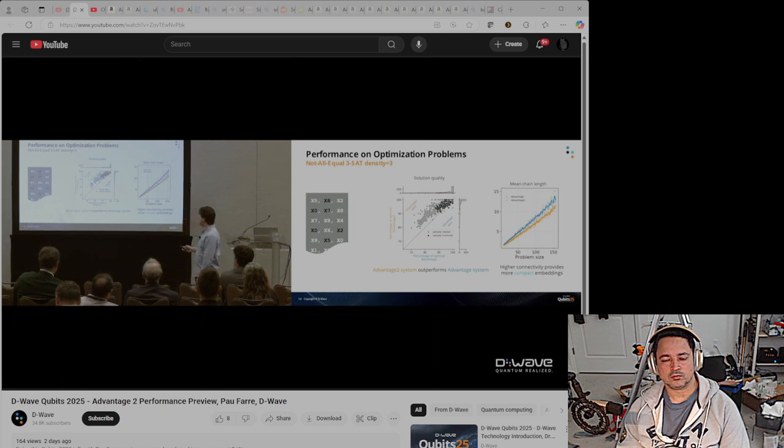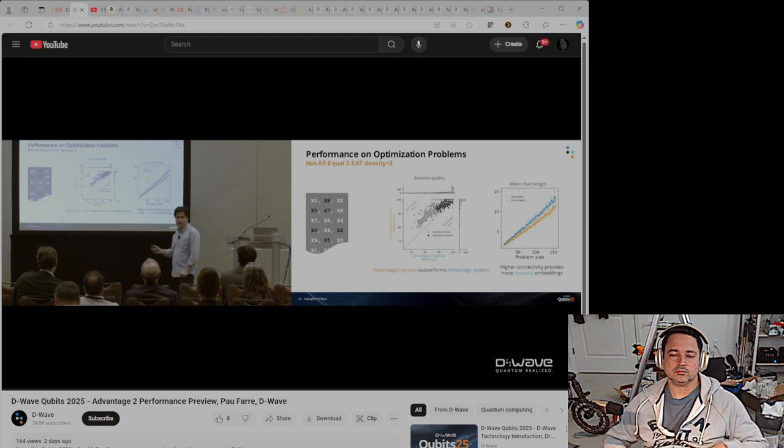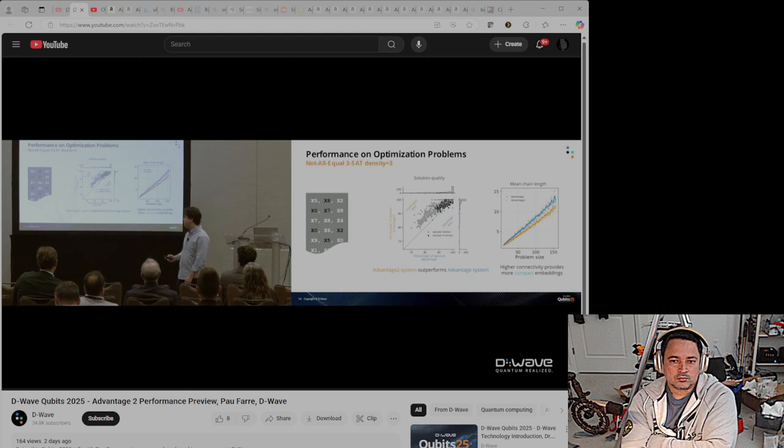Okay. And here, you'll see that there are 2 colors. Black shows the sample minimum out of 1,000 reads, and gray is the sample median out of 1,000 reads. And all the points, or most of the points, are over the diagonal, meaning that the Advantage 2 system outperforms the Advantage system most of the time.